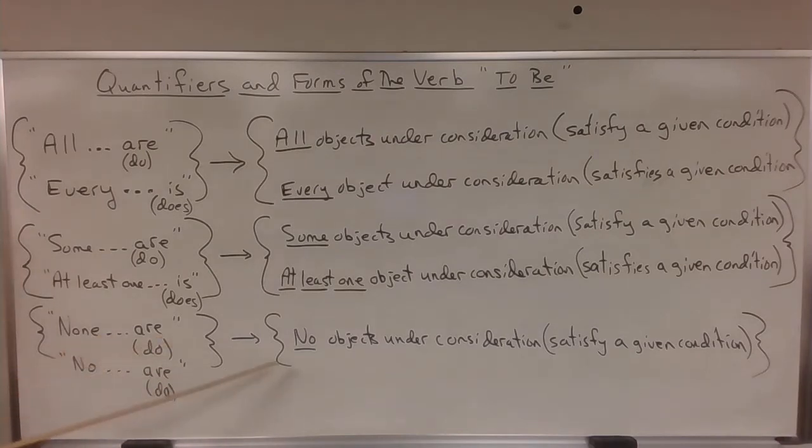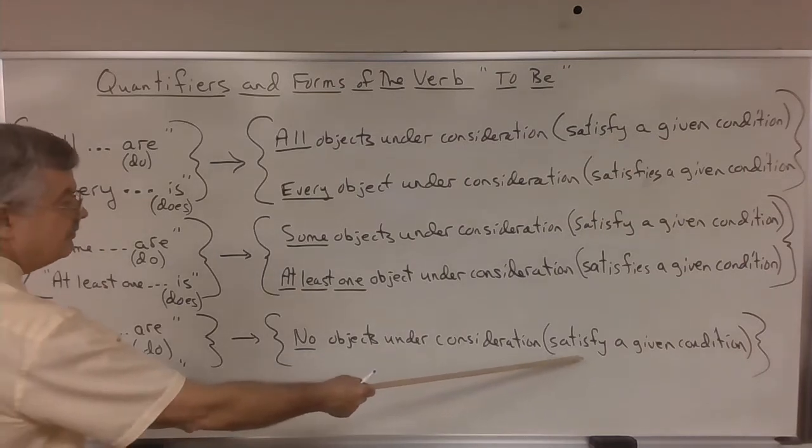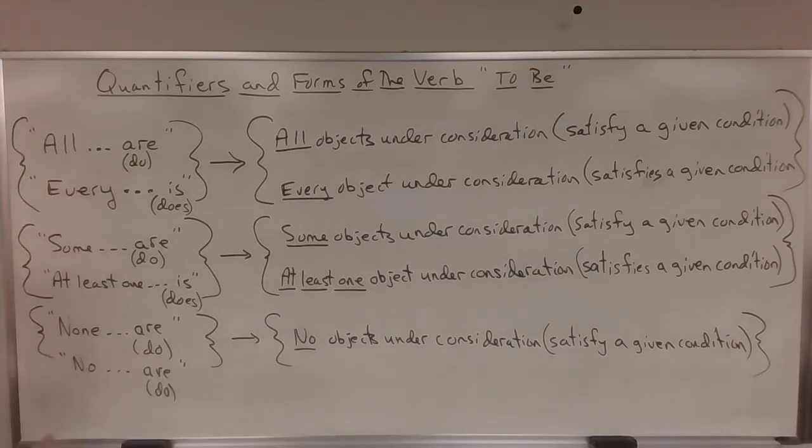No astronauts are pilots. Well, I don't think that's true, but at any rate, what we're saying is none of the objects under consideration, not a single object under consideration, satisfies a given condition. No astronauts are pilots. No objects under consideration satisfy the condition that they are pilots.